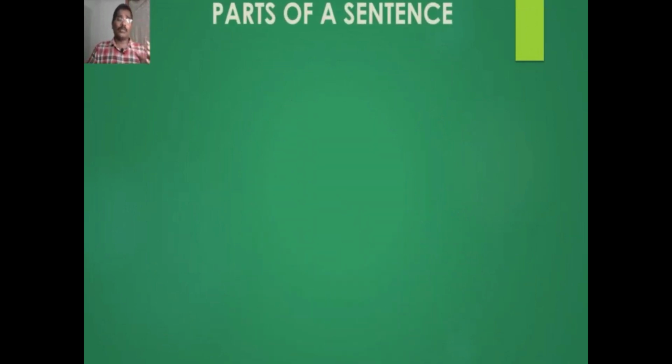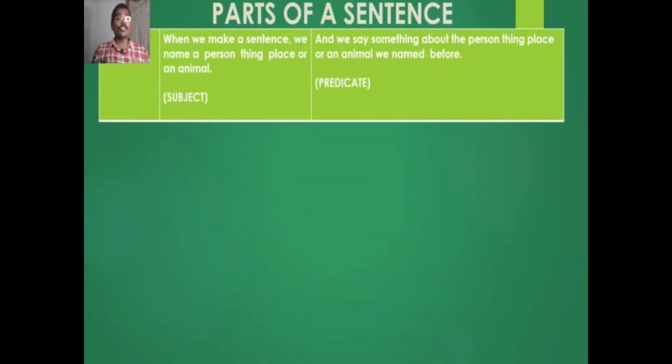Coming to the next step, what are we going to learn? It is parts of a sentence. How many parts are there in a sentence? There are two parts in a sentence. Before we learn about those two parts, let us understand the concept. When we make a sentence about a person or a thing or a place, first we name it.